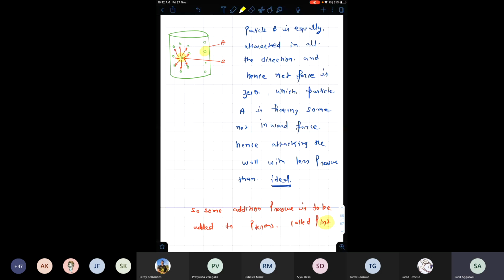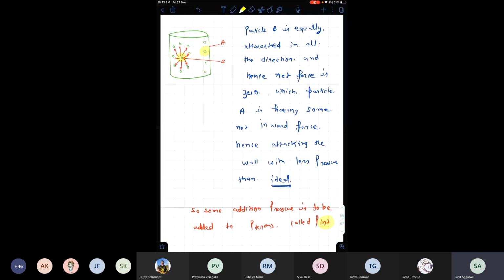A will be thrown away because of unequal forces. I said A wants to bombard on the wall of the container, B wants to bombard on the wall of the container. But A is having unequal forces. It has some net backward force, so it is attacking with less force. It is creating less pressure than it should.